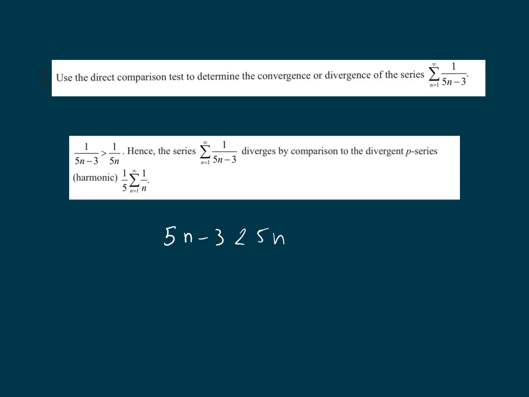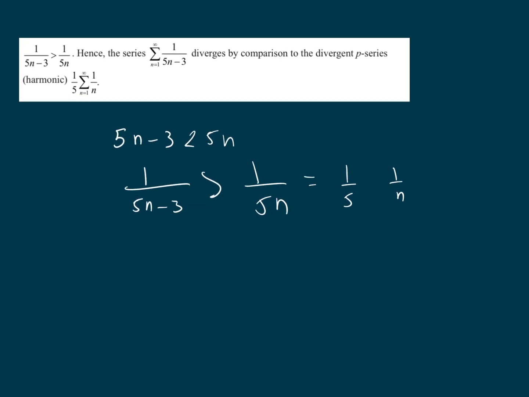So this is not true. But what is true is that 1 divided by 5n minus 3 is bigger than 1 divided by 5n. But 1 divided by 5n is 1/5 of 1 over n. So this series here diverges. Why? Because the integral test or the p-series test says that when p equals 1, the series diverges.